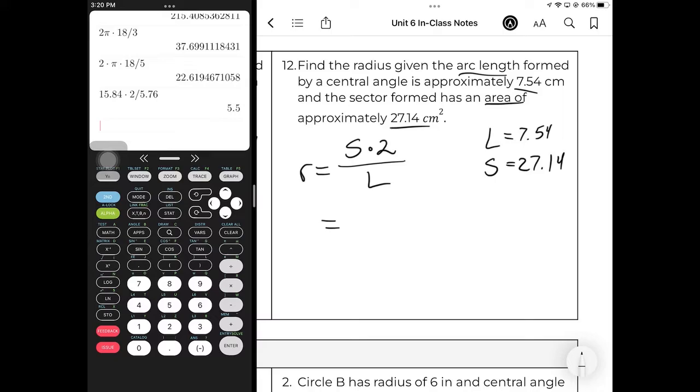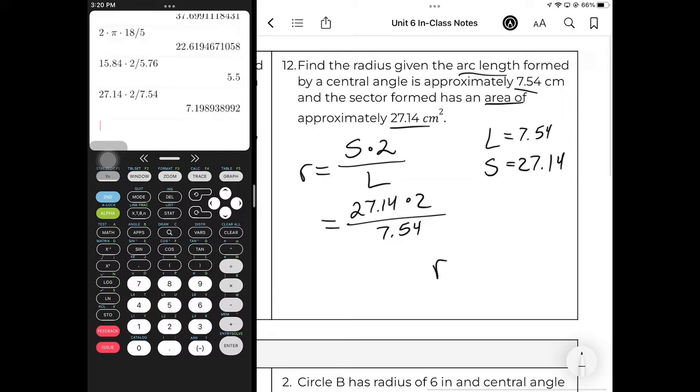So I'm going to do sector area, 27.14 times 2, divided by arc length, 7.54. So 27.14 times 2, divided by 7.54. And we get a radius of about 7.2.